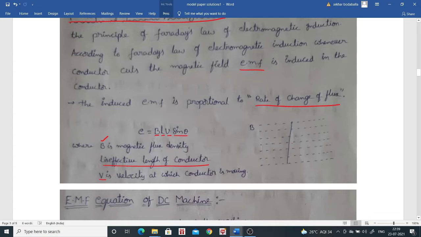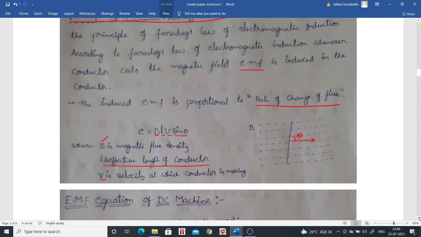Theta is the angle between the conductor and the magnetic flux. If theta is equal to 90, then E is equal to BLV sine 90. Sine 90 is 1, so you will get the maximum induced EMF, which is given by B multiplied by L multiplied by V.